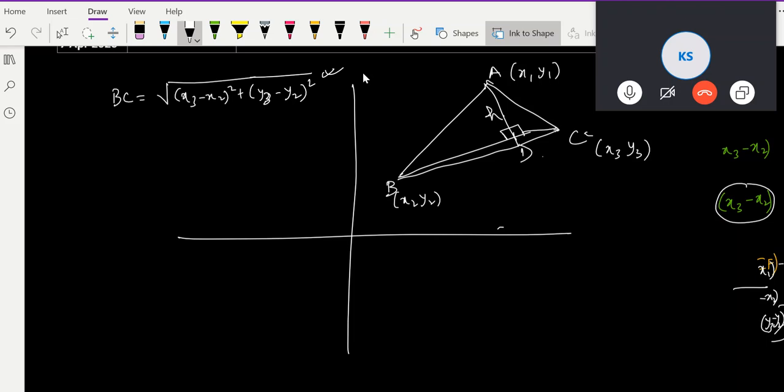Now, in order to find AD, I have to understand one thing, that AD is perpendicular to BC, right? So the slope of the line AD multiplied by slope of the line BC is equal to minus 1.